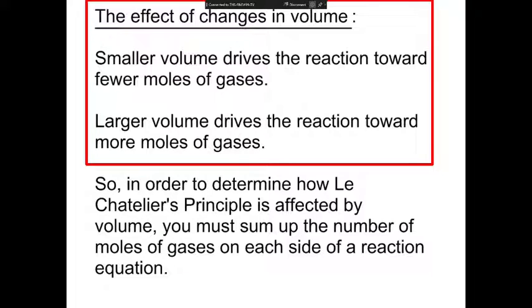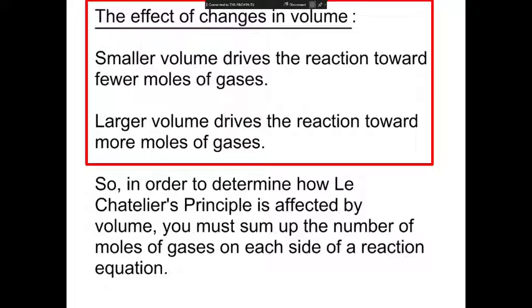But again, it's really because when you change the volume, you're changing the concentrations, and the side that has more or fewer moles of gases is affected differently by that change in volume. So in this way, it's still like the first things we talked about, changing concentration or pressure, and how the reaction wants to get back to that original equilibrium constant ratio. But it's really easy to make these predictions because you just count on each side of a reaction your number of moles of gases.